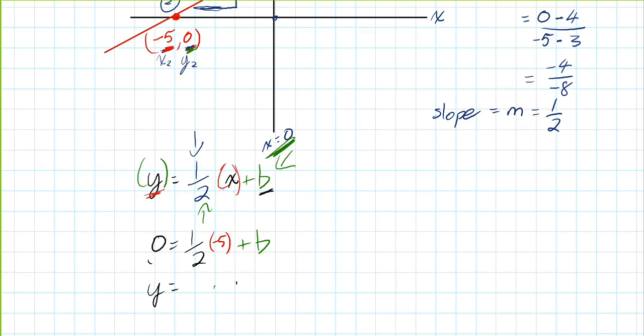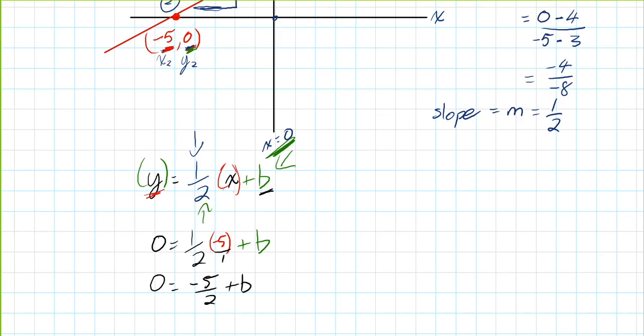Okay? When I go to work this out, I'm going to get 0 is equal to negative 5 times 1/2. So if you remember your fractions, that's the numerator times the numerator and the denominator times the denominator, which gives you negative 5 over 2 plus b.